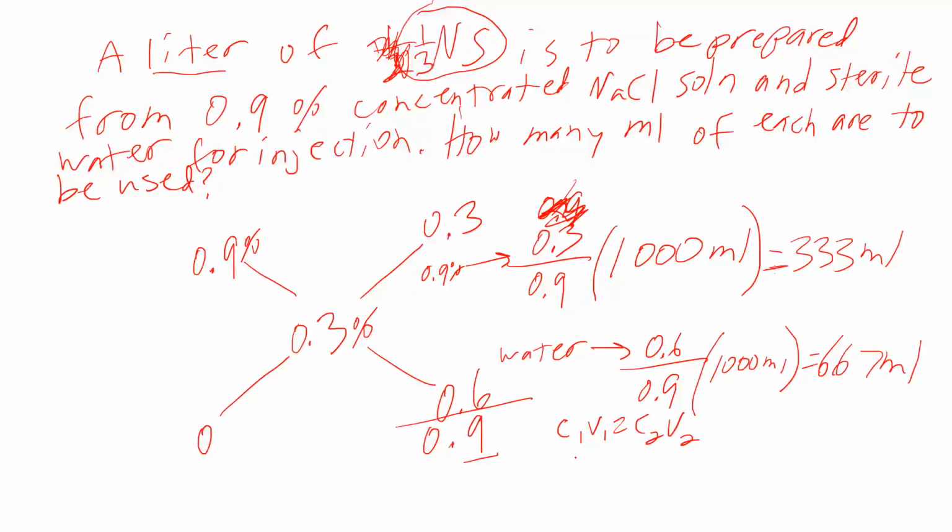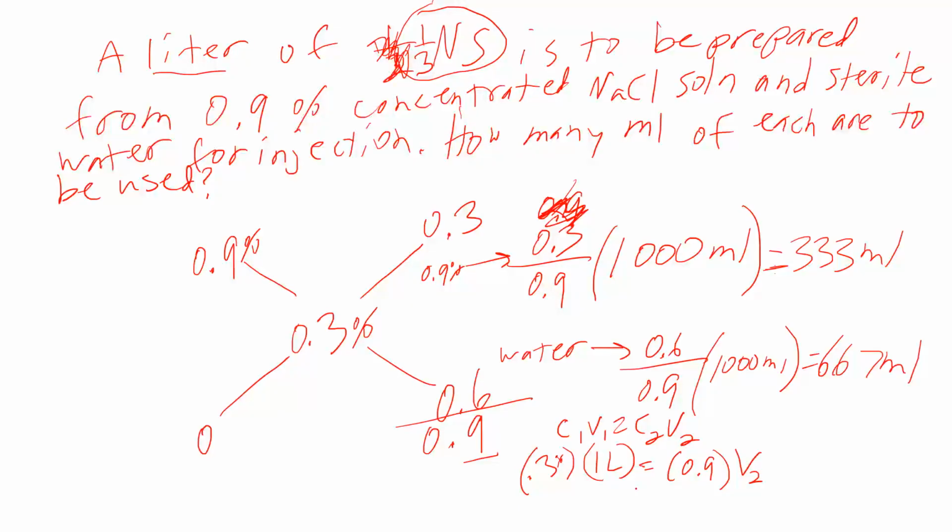We have a liter, so that would be 1 liter, at a concentration of 0.3%, equals 0.9 times V2. Let me get my trusty calculator out.